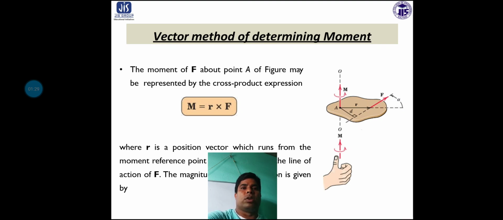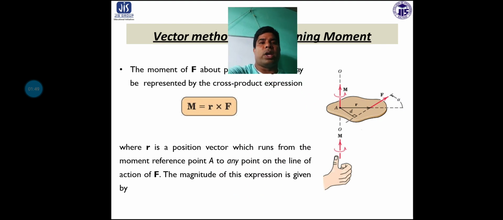But the moment of F about point A in the figure may be represented by the cross product expression. That means M is equal to R cross F. Here R is the perpendicular distance and F is the total force applied on it.